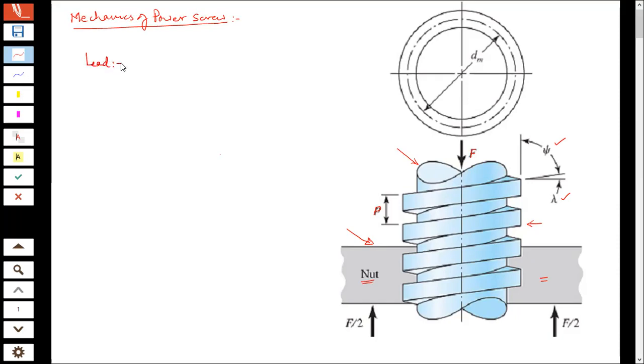Lead is basically the linear advancement of the thread in one revolution.